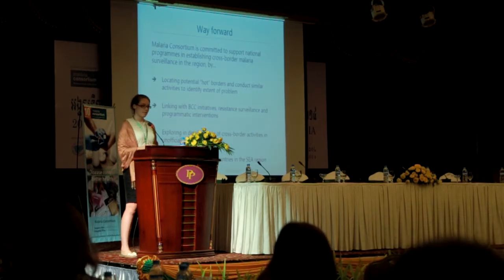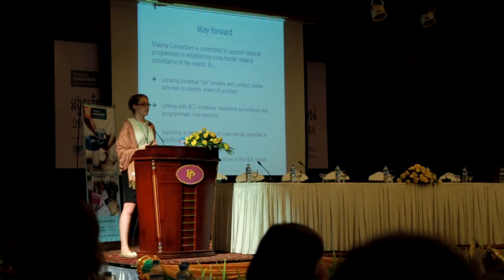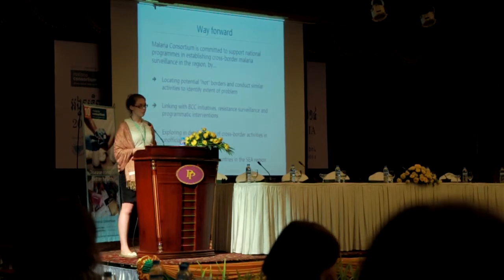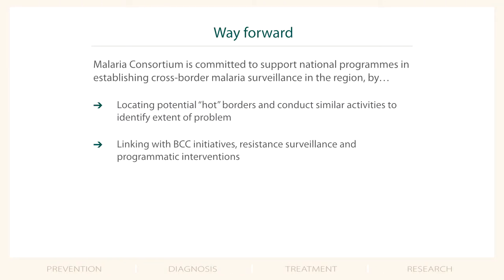These need to be identified and a similar study taken place to see what the extent of malaria infection may be at those sites, and then targeted surveillance efforts put in at each one. These, like I said before, can be linked with behavior change communication and also programmatic interventions like net distribution.